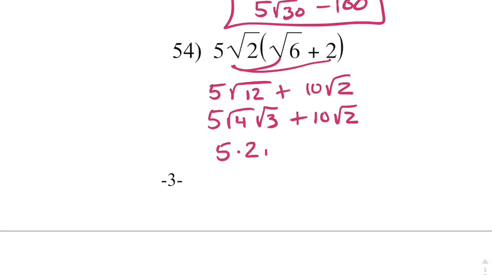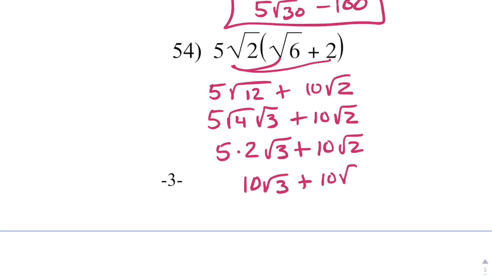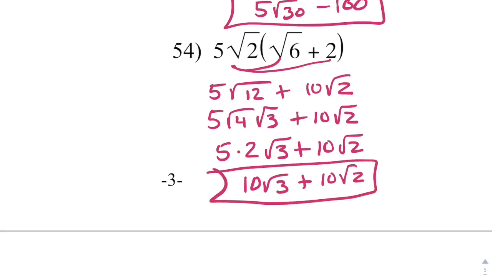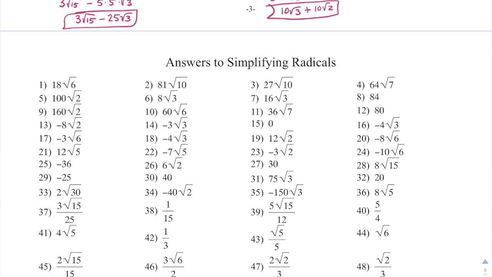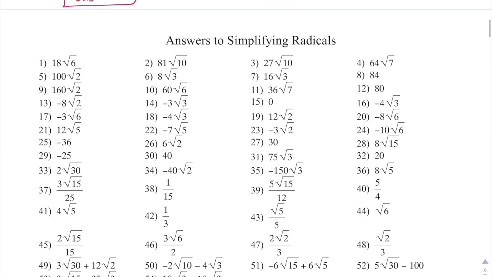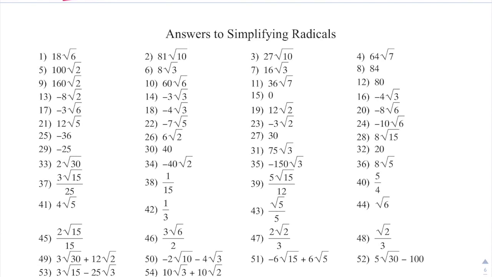So square root of 4 is 2. So we get 10 square roots of 3 plus 10 square roots of 2. And all those answers should be there. Then the one before that, 3 square roots of 15 minus 25 square roots of 3, and so on.